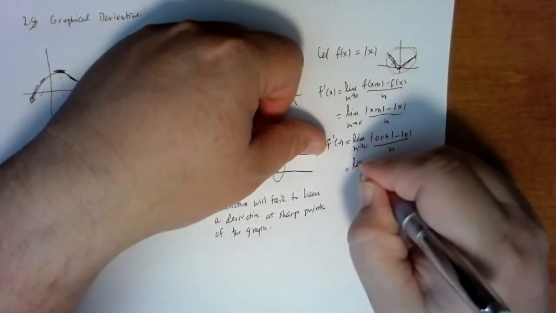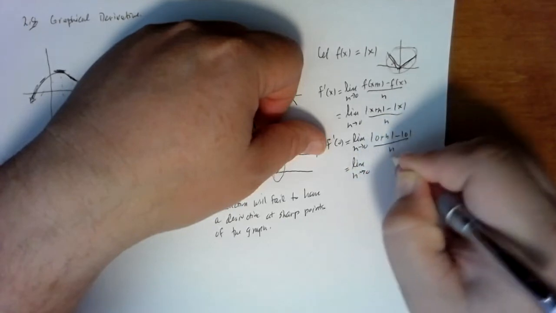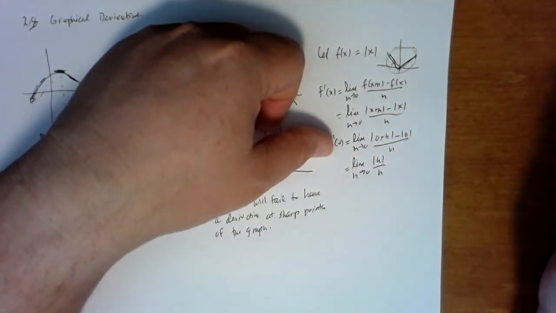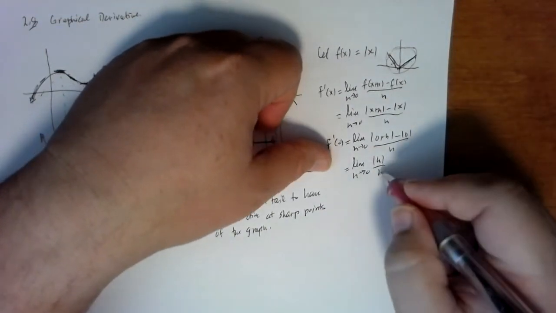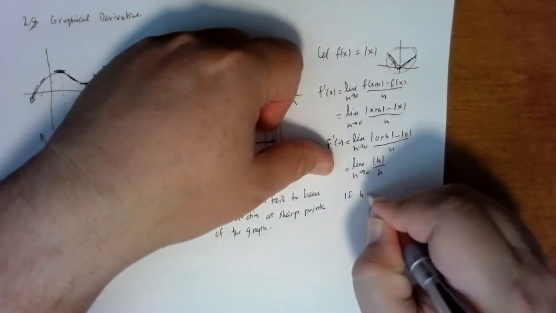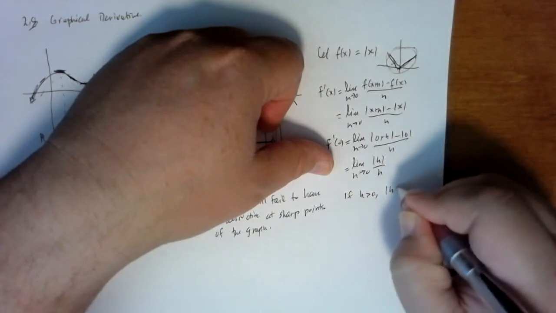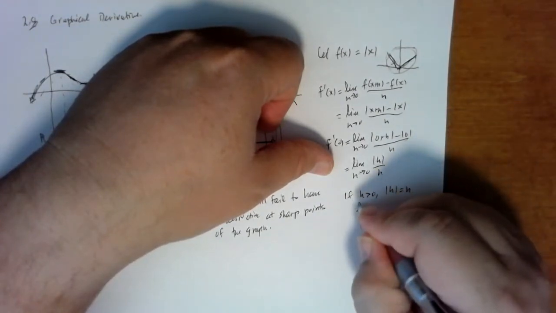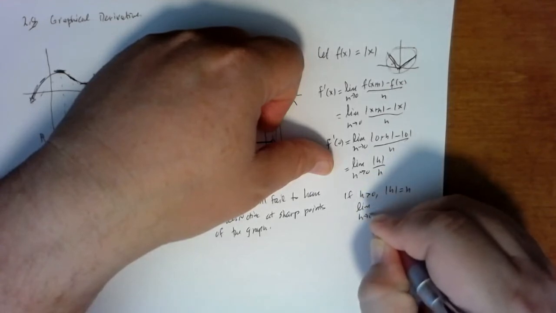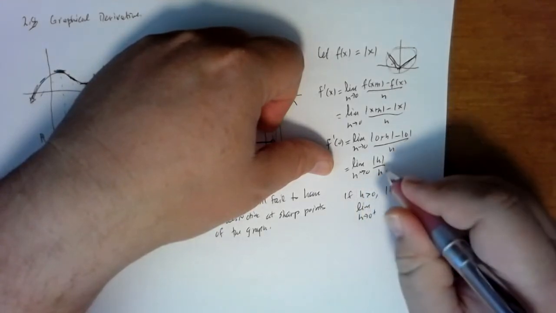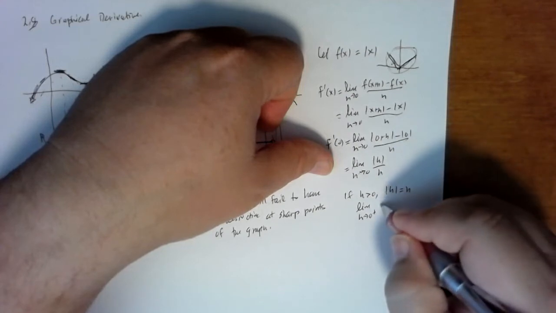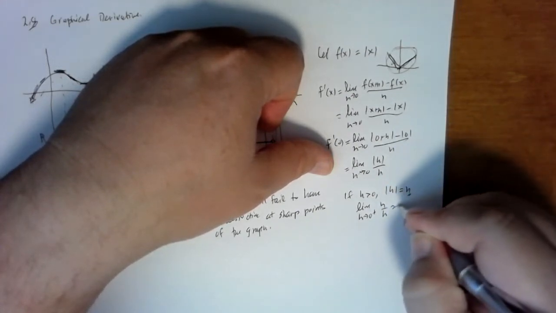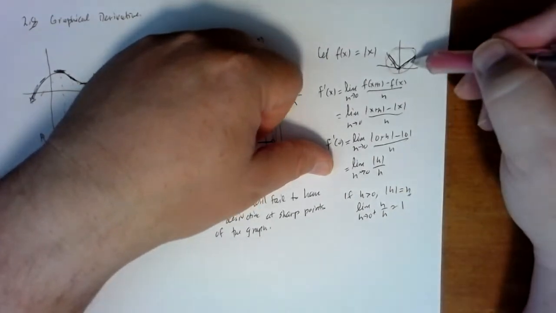And so that's going to be the limit as h goes to 0 of the absolute value of h divided by h. What's that going to be? Well, if h is greater than 0, the absolute value of h is just h. In that case, the limit as h comes to 0 from the right simplifies to h over h, which is 1. And that's what you see up here.